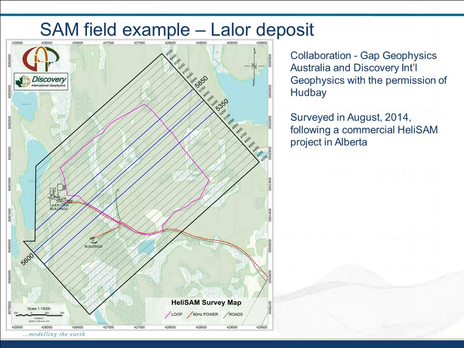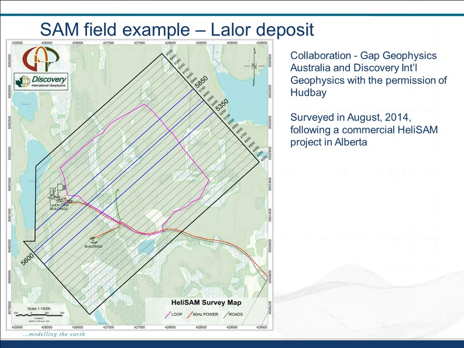So here we can see the general layout of the survey. The pink there is the transmitter loop, so it's an inductive loop. The black and blue lines are the actual survey lines. It was flown with a helicopter, a towed Magbird helicopter survey.